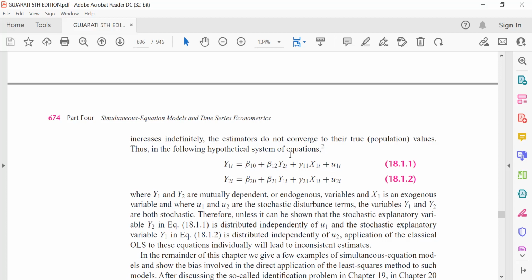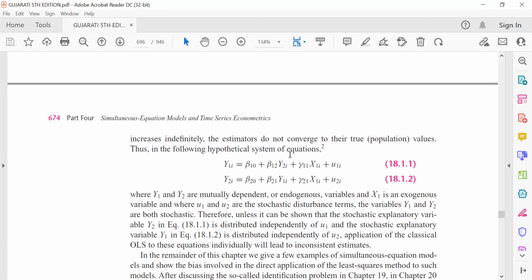Now, why do we call y1 and y2 endogenous variables? Because these variables exist in two equations. So these variables become endogenous variables.